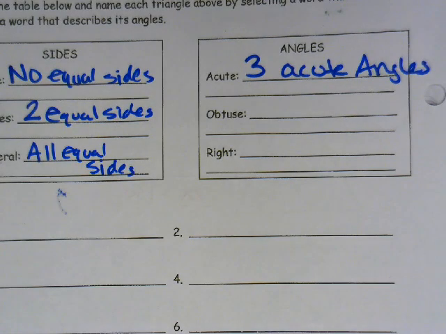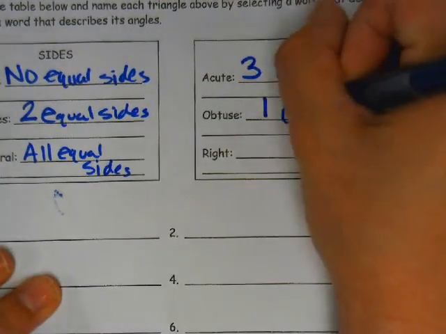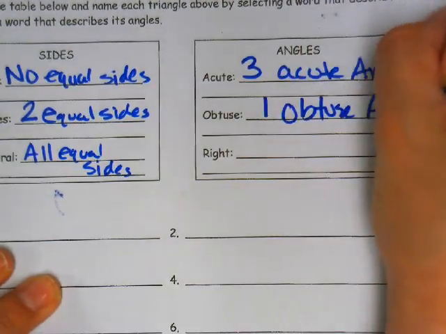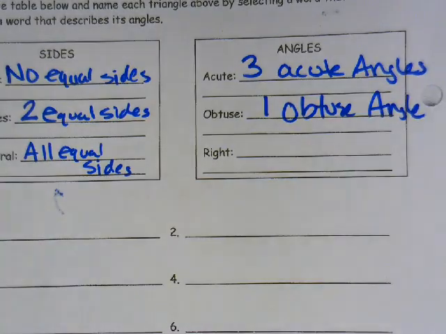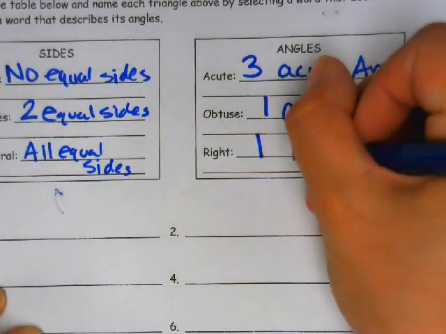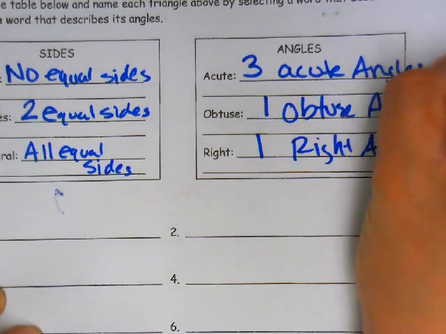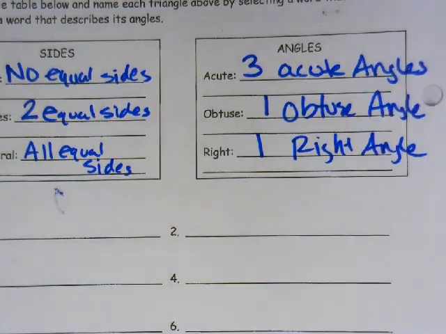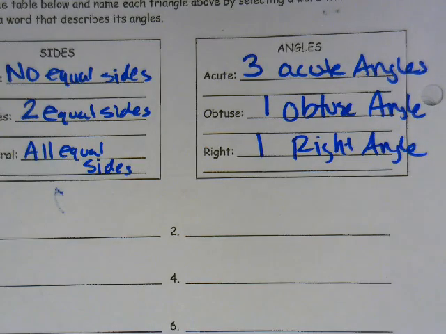How many obtuse angles do you need? 1. And then a right, how many right angles do you need in a triangle? 1. So 1 right, 1 obtuse, and 3 acute. All right.